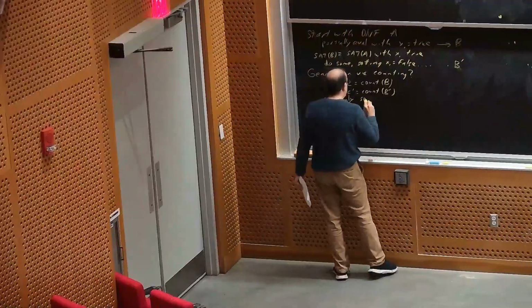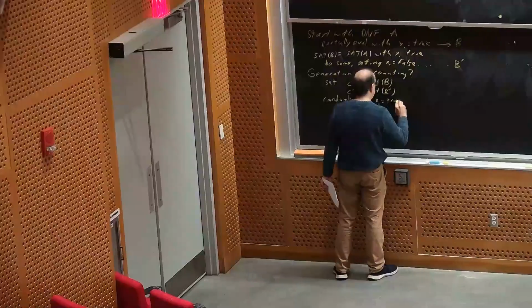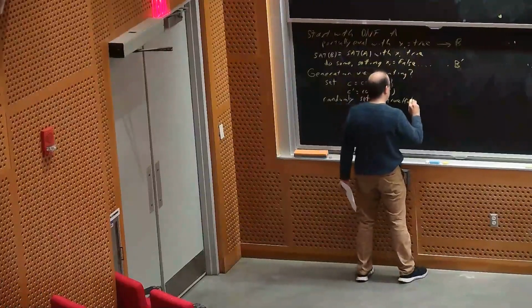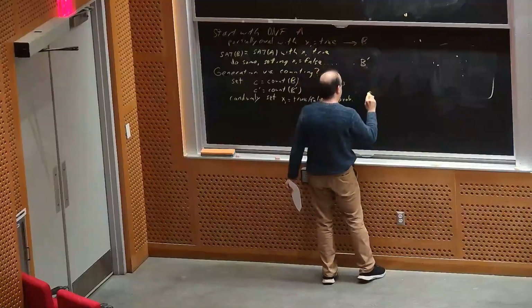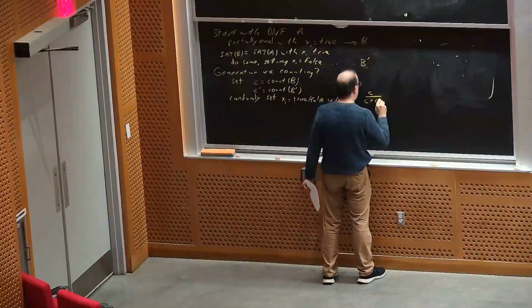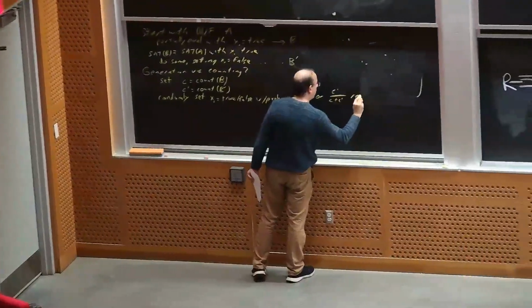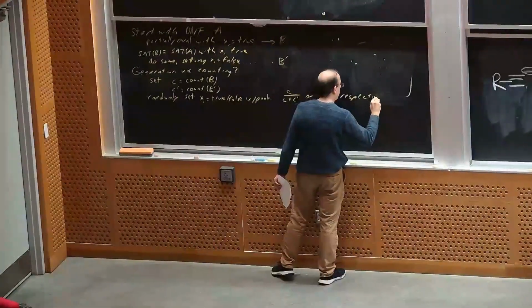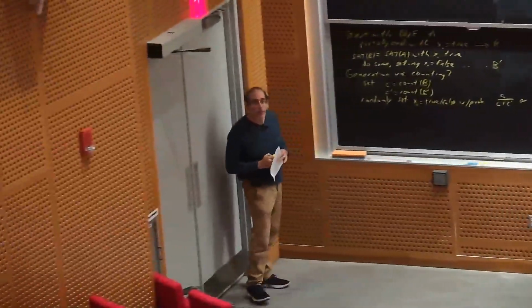What we do is randomly set x1 equal true or false with probability C over C plus C prime or C prime over C plus C prime, respectively.